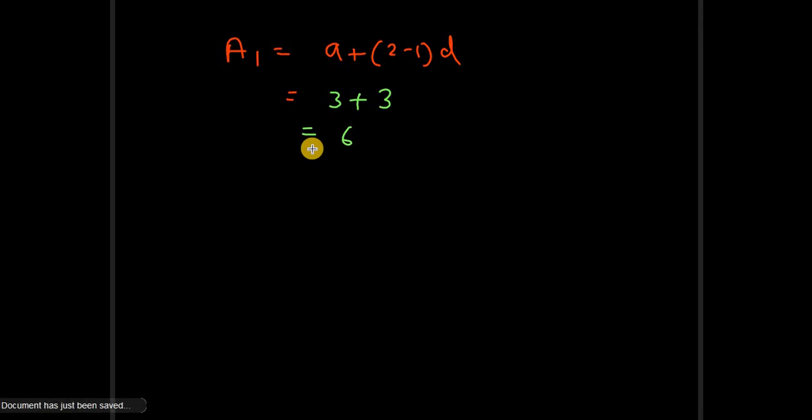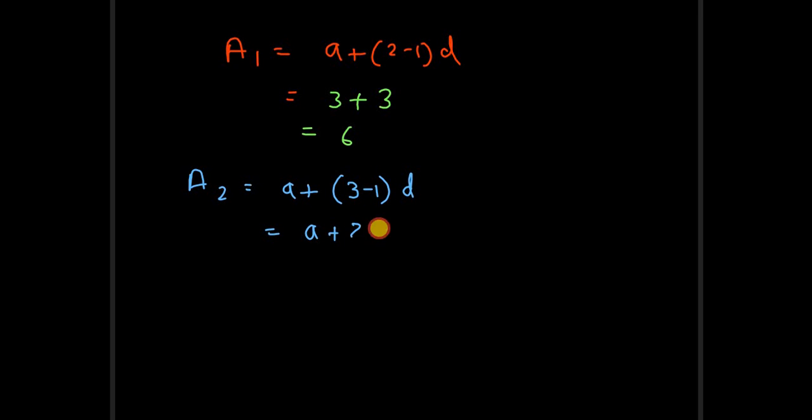So A1, that is the second element, will be 6. Now A2, let's change the color. A2 will be A plus, it is the third element of our sequence, so 3 minus 1 into D, A plus 2D. A is 3, and 2 into D, that is 3 into 2, 6, and plus 3, 9.